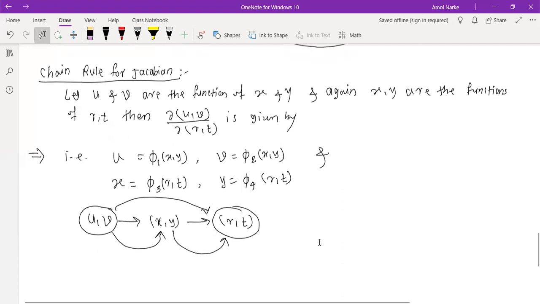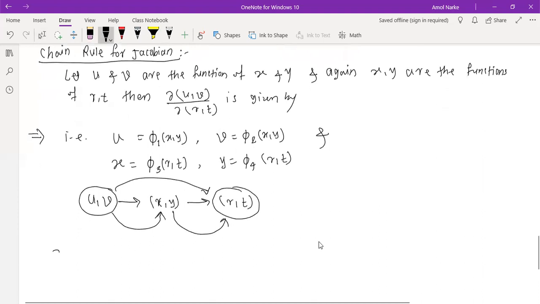Now you will get some idea. What is the value of the Jacobian of (u, v) with respect to (r, t)? Can someone tell me what it will be? You want to go from (u, v) to (r, t), but in the middle you have x and y. So how can one do that?